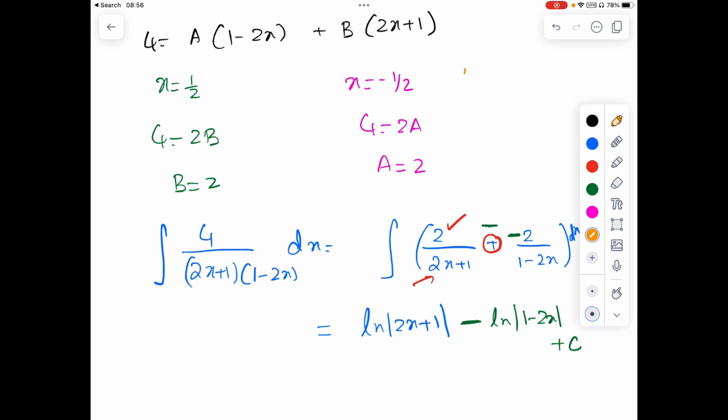What is the formula I'm using? This formula: f(x) in the denominator and its derivative f'(x) in the numerator will become ln|f(x)|. If I use this formula, it will be easy. If any function is in the denominator and its derivative is present in the numerator, then it becomes ln of the denominator. That's going to be the answer.